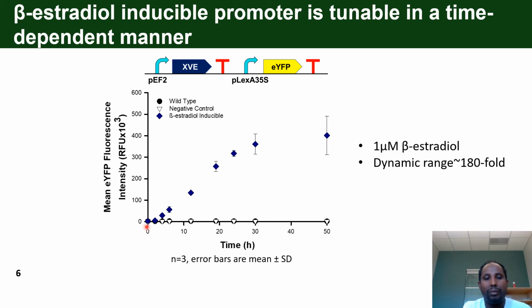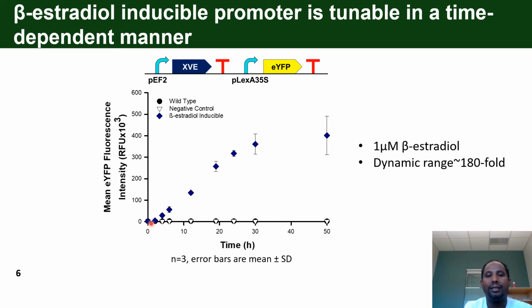We measured background fluorescent intensity before inducer application and assigned it as the 0 time point. We treated cells with 1 micromolar beta-estradiol and measured the fluorescent data for a 50-hour period. It's a total of 9 time points.